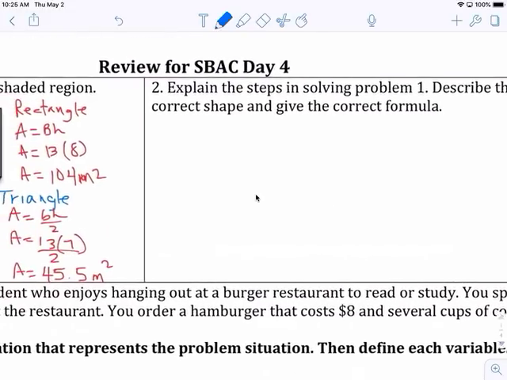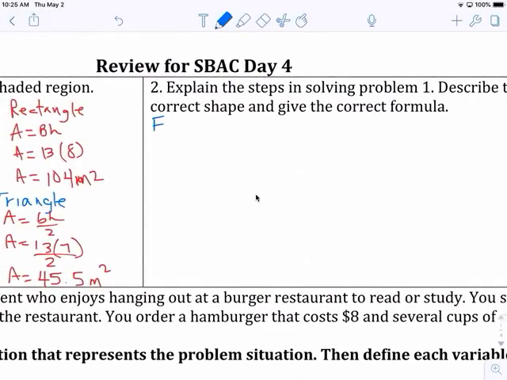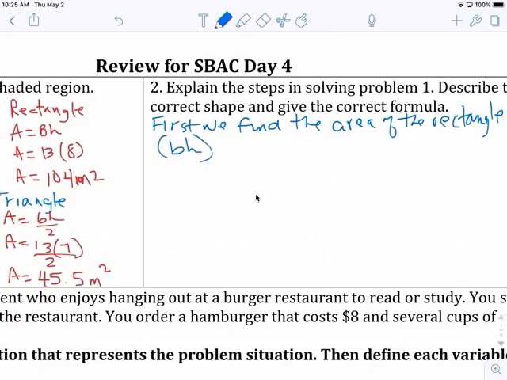Okay, first step. We did the rectangle first. We find the area of the rectangle, so base times height by multiplying. Notice I put the formula in there.